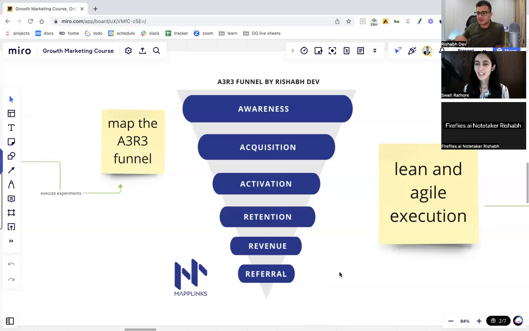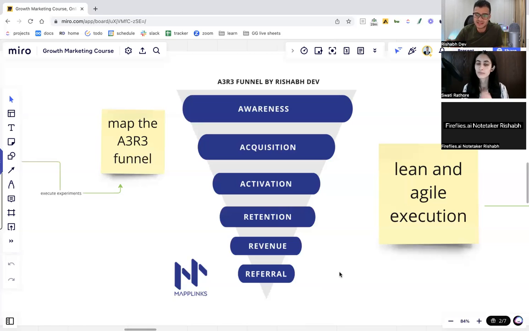Think about it this way: if the user were to make a purchase with that $80, then you would get $80 in revenue. But if you add 20 more dollars, what do you increase? You increase the average order value. So you're increasing your revenue, and hence this one falls in the revenue stage of the funnel.